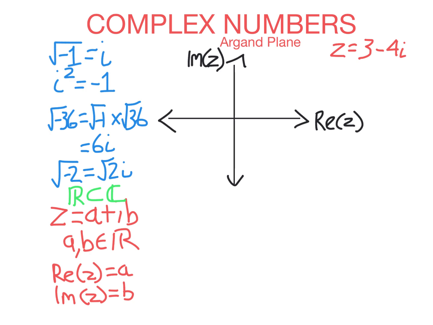So if I want to plot 3 - 4i, I just plot 3 on the real axis. The real part of this number is 3. The imaginary part is -4, so I go down here and plot -4. So we can think of 3 - 4i as a vector from the origin to this point (3, -4).